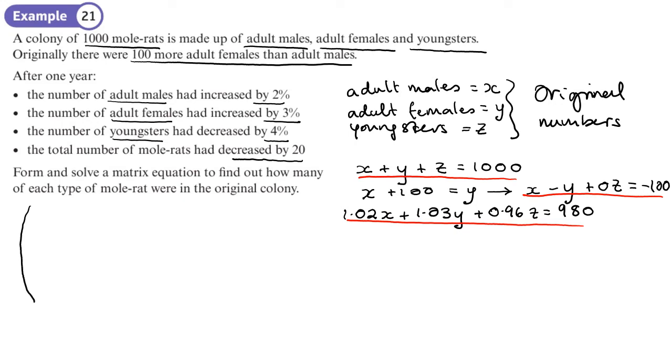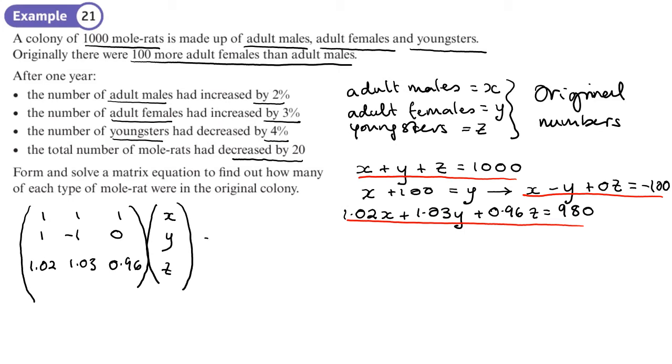So the first equation is 1, 1, 1. The second equation is 1, negative 1, 0. And the third equation is 1.02, 1.03, 0.96. And that is going to get times by x, y, z, like that.